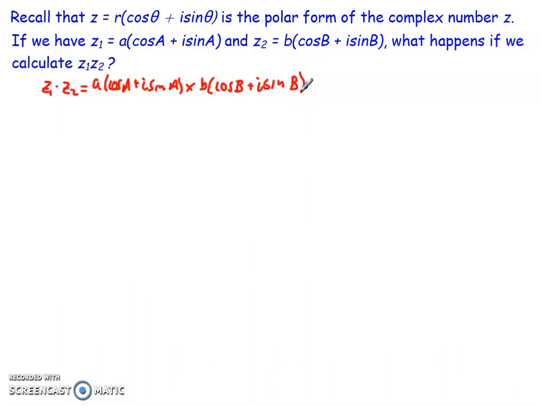What I can then do is treat this as I normally would and multiply out the brackets together. I'll keep the a and the b outside the bracket together with each other.